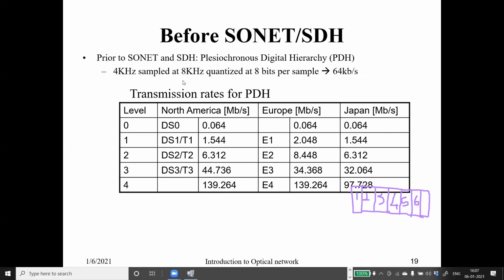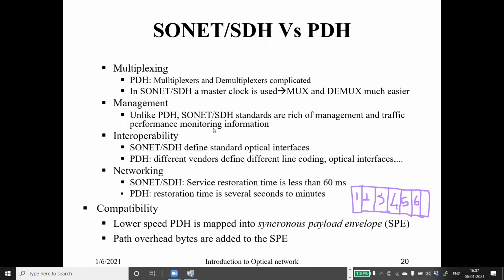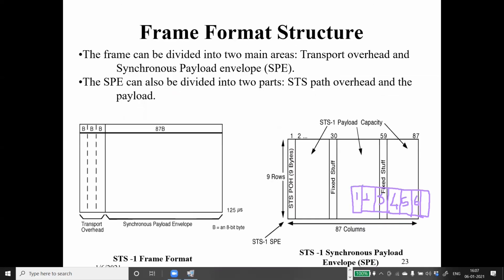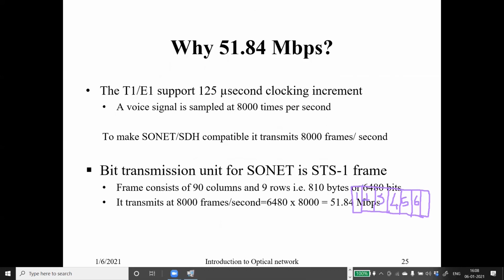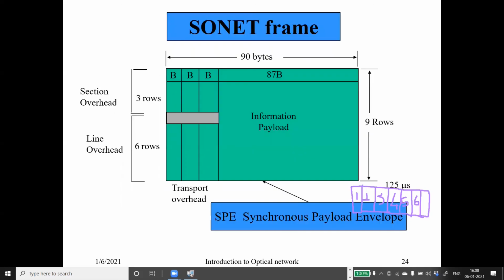So to accommodate Sonnet, we saw that Sonnet had a bit rate of 51.84, giving a frame of 90 columns by 9 rows, which was giving you 51.84 as a basic, but that did not mean that it could not handle the bigger data or the smaller.